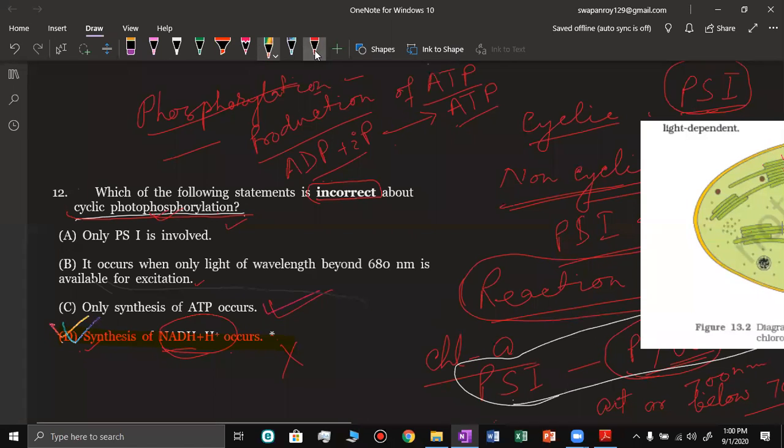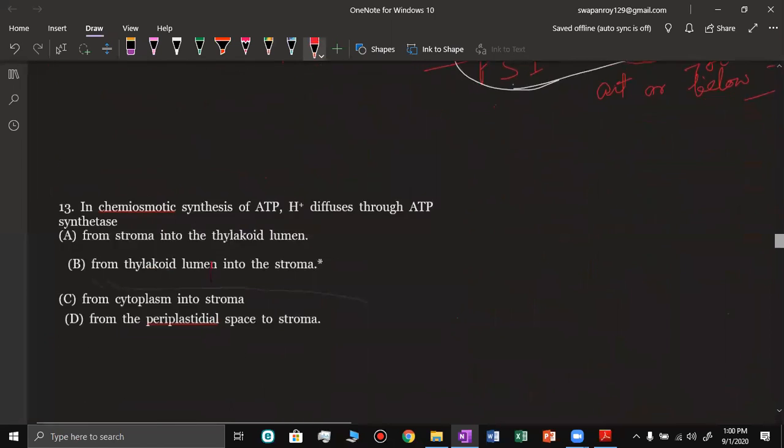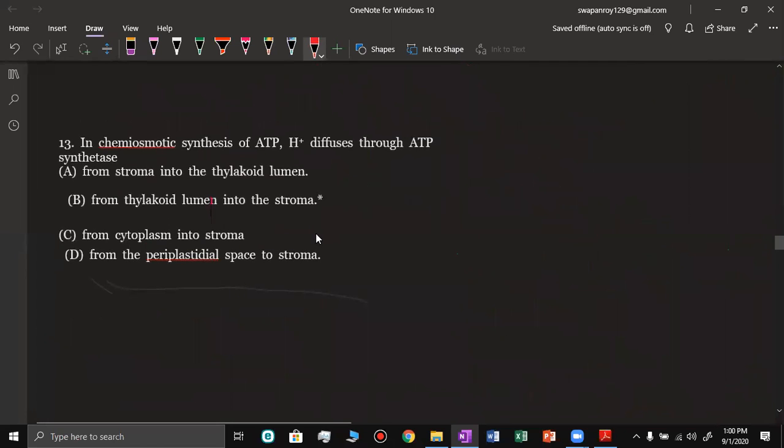Okay, let us come to the next question. This is the chemiosmotic synthesis of ATP. In chemiosmotic synthesis of ATP, protons diffuse through ATP synthetase from stroma into the thylakoid lumen, from thylakoid lumen into the stroma, from cytoplasm into stroma, or from periplastidal space to stroma.